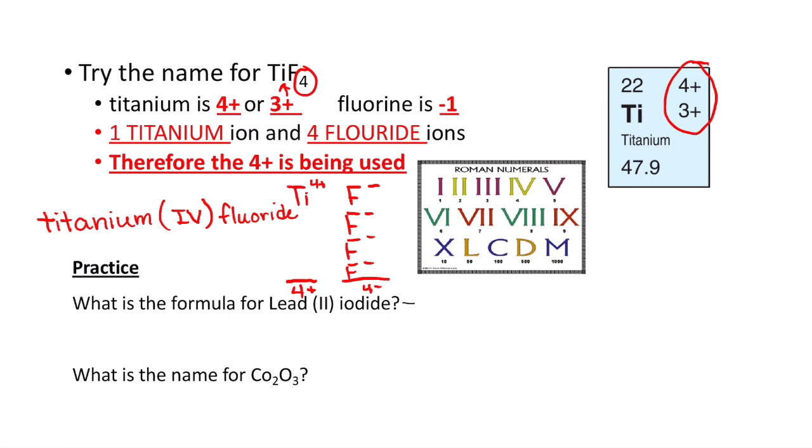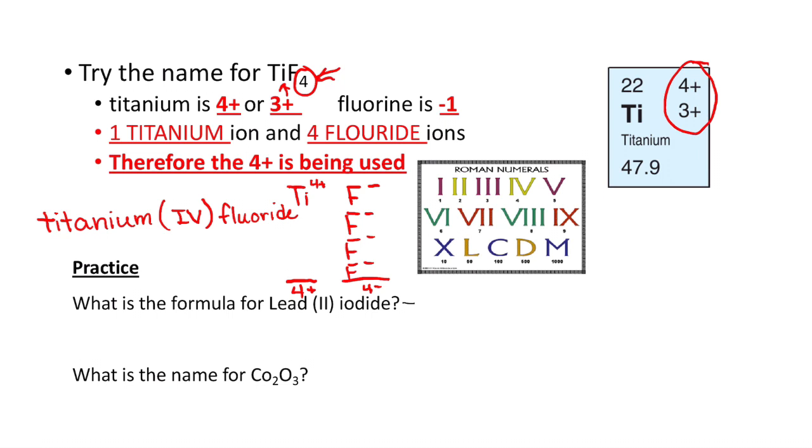You always want to work with the non-metal first because there's only one charge option for it. And then you want to think, how many of them do I have? So if there's 4 of them, they each have 1- charge, meaning that there's a -4 charge overall. In order to balance that charge, our 1 titanium in this example, could have been 2 for something else, would need to have a 4+ charge to balance.